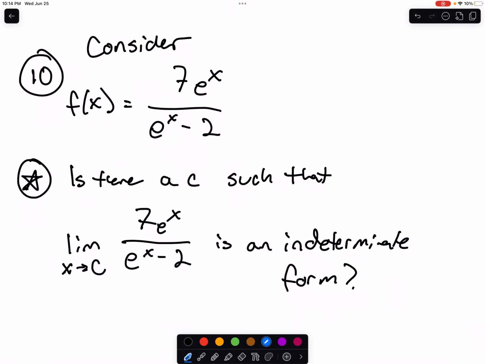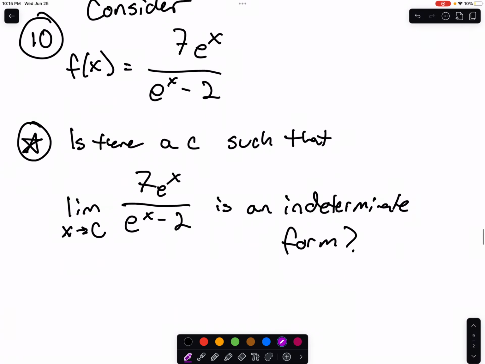Okay, consider this function. Is there a c such that the limit as x tends to c of this expression is an indeterminate form? Indeterminate form means that we finish with something like either infinity over infinity, or 0 over 0. So I think when x is the natural log of 2, on the denominator, that'll give us a 0.